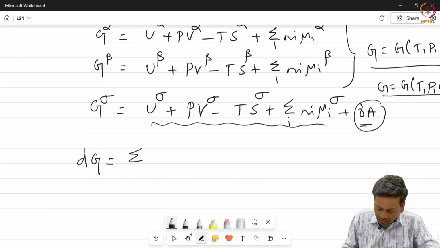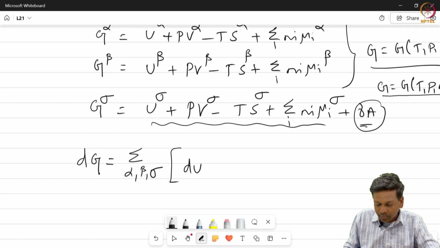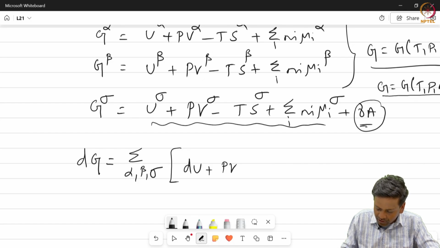So I can simply express this for alpha, beta and sigma together, which is nothing but dU. I do not need to specify or denote whether it is alpha or beta, because this is going to be the summation of all these three. So I have to derive this.